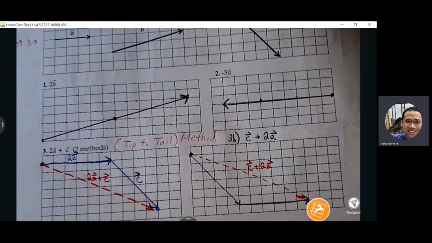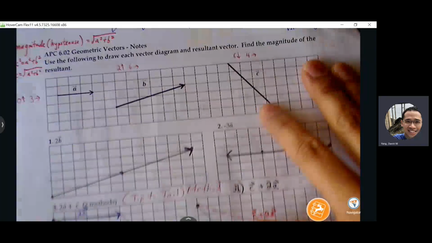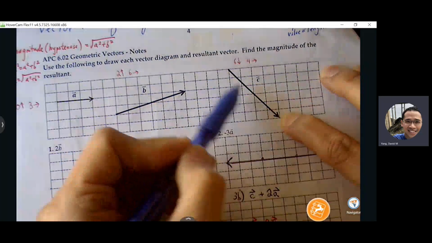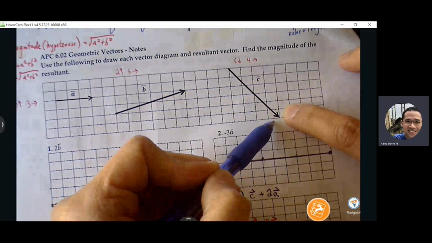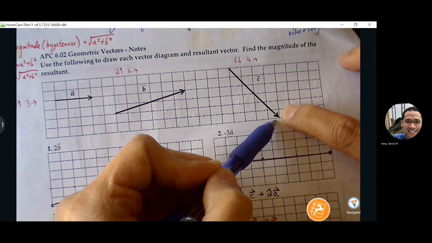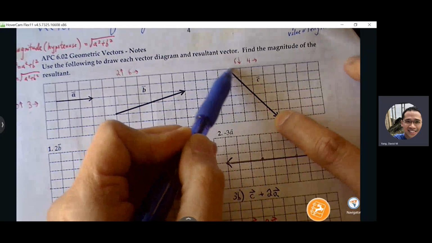If it's negative C, you'd only go either left and down or up and right, so it depends on how C looks. If C is pointing in this direction, then the positive would just follow the arrow here. But if it's negative, you put the arrow on the other side of the line.